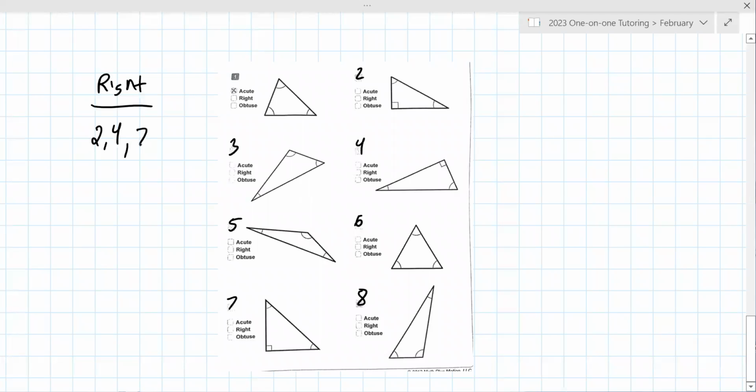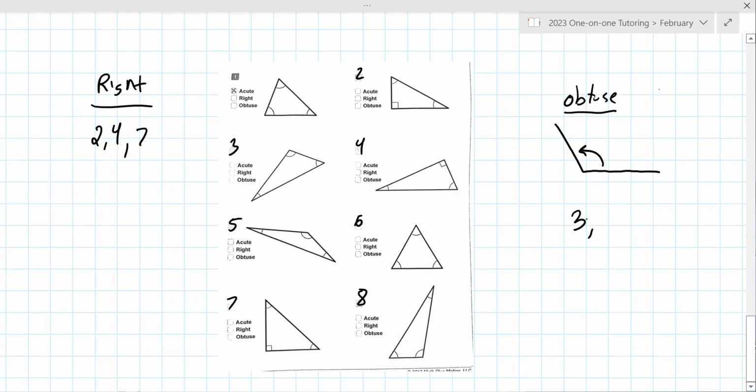Good. Now the next, the obtuse, I think, is the next easiest to see. If this is 90, then obtuse is where it goes a little bit past 90, more than 90, and acute is less than 90. I think in terms of your order here, you might see obtuse faster. Can you tell me which of these are obtuse? 3.